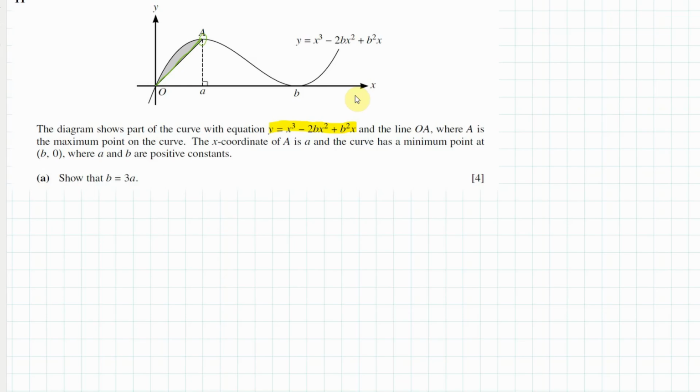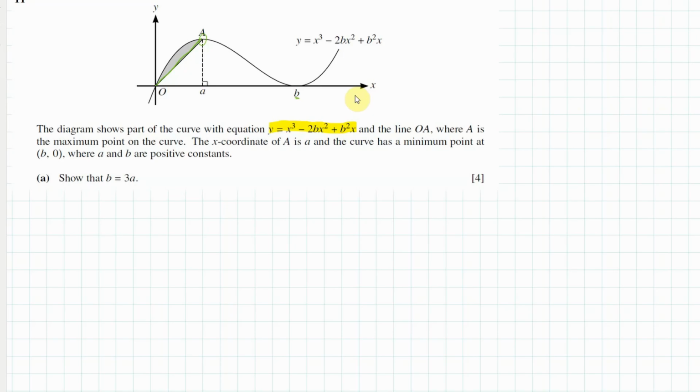The x coordinate of A is little a, and the curve has a minimum point at B, over there, B comma 0, where a and b are positive constants. So we have to show that b is equal to 3a.